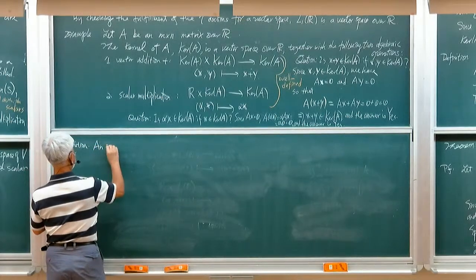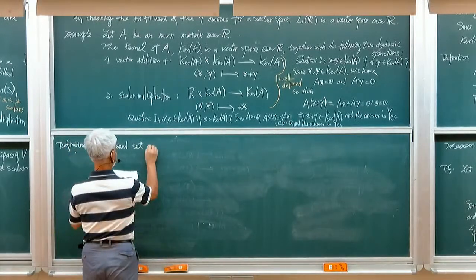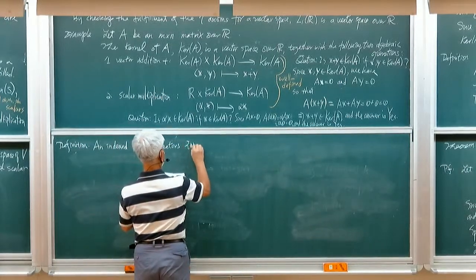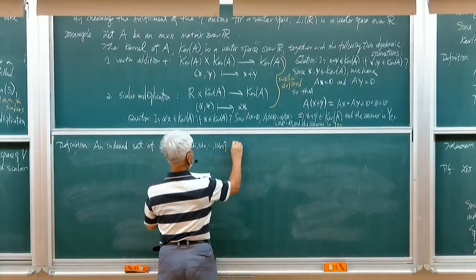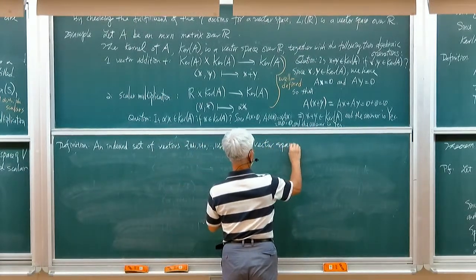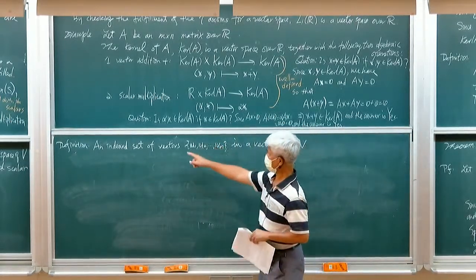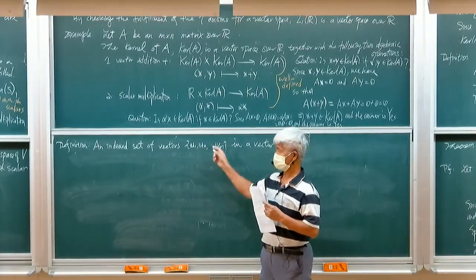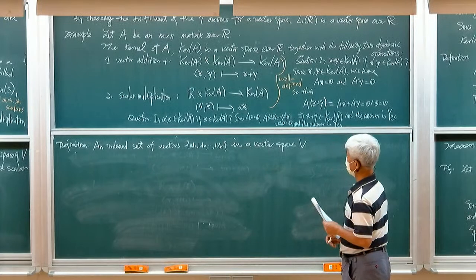Now consider an indexed set of vectors U1, U2 up to Un in a vector space V. You can see that this list is a finite set we consider here.